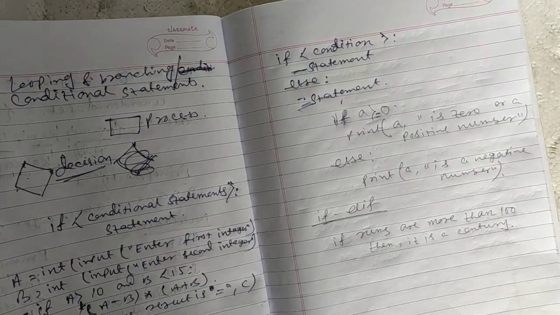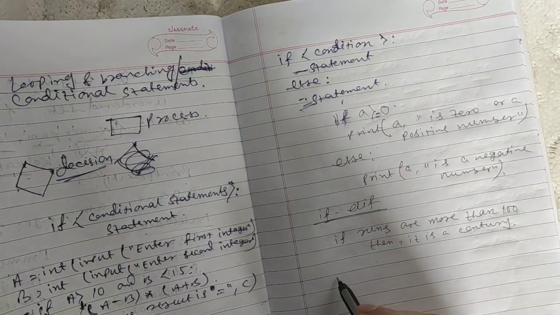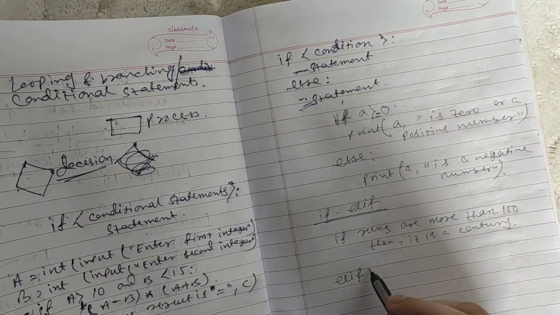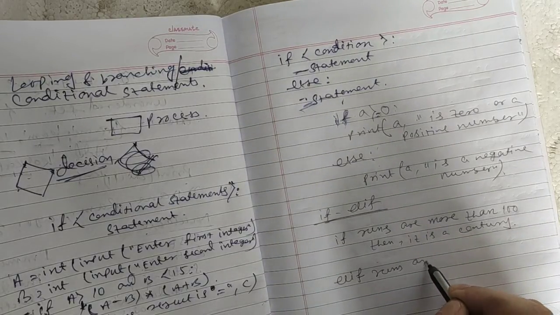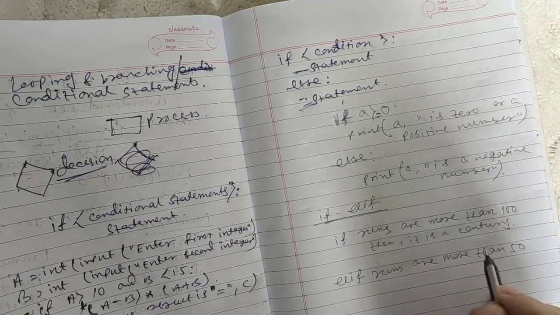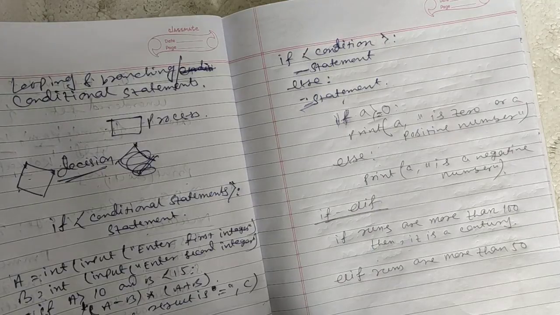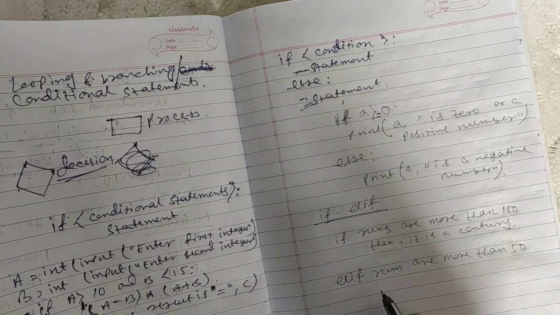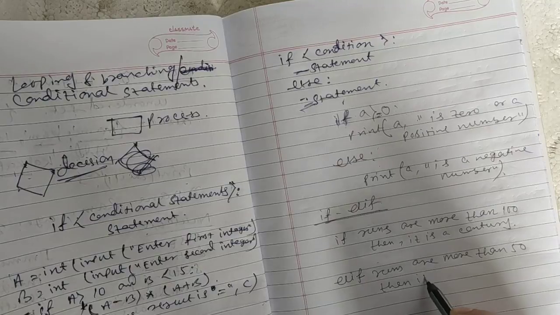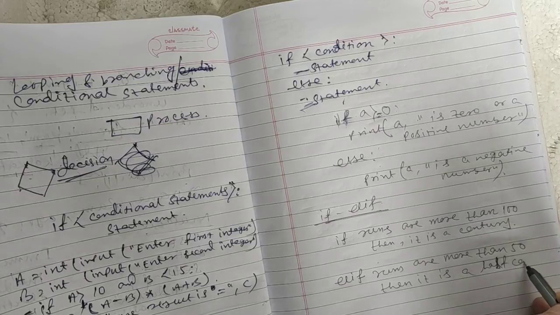Else if runs are more than 50, we give another condition. Else if runs are more than 50, then it is a half century.